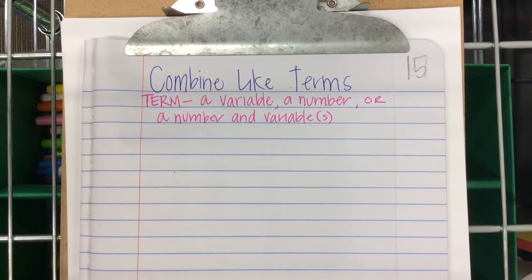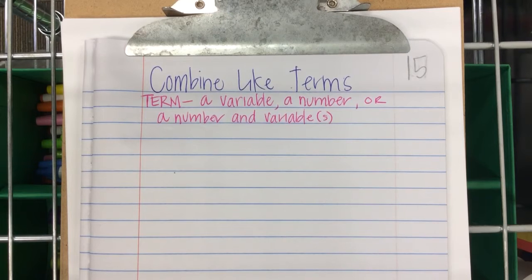So a term is a variable, the letter X. It's a number, 14. Or it's a number and a variable. Maybe it's negative 10 AB.